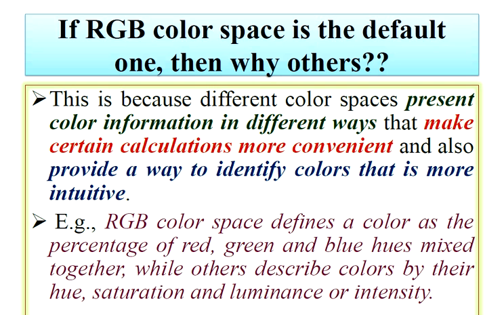So that's why we need other color spaces, because in case of RGB color spaces, hues are mixed with every channel, that is red, green, and blue, and a color is represented with the combination of these three RGB values. But we need some color spaces which have different hue, saturation, and luminance or intensity channels.